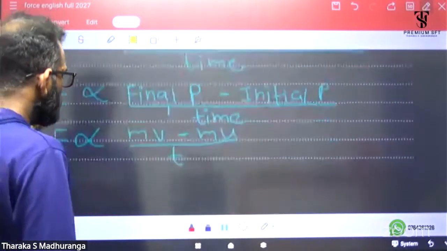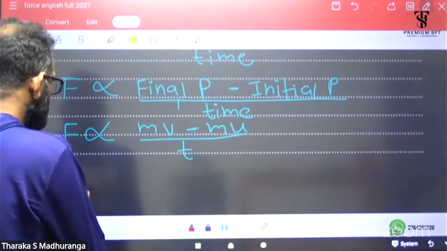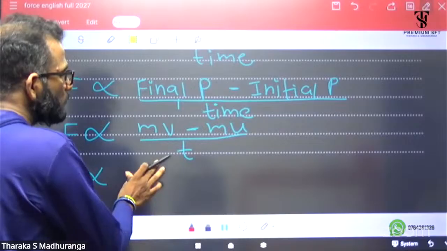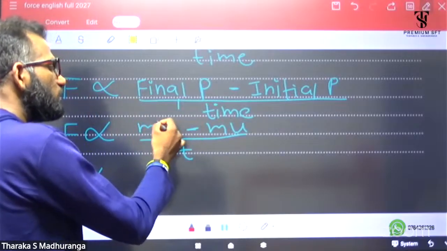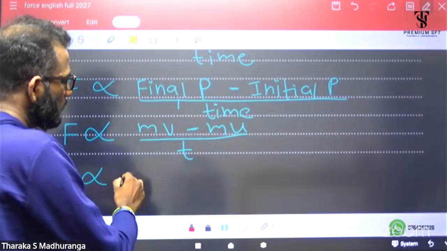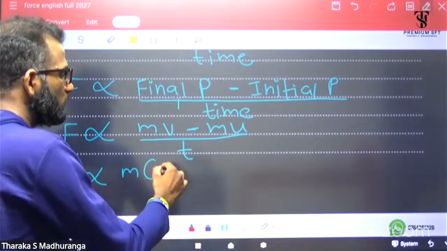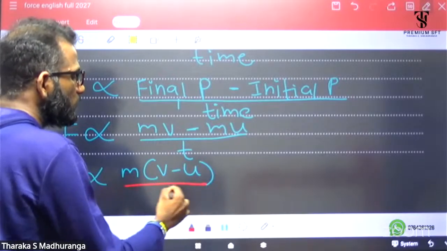Now, in the upper part the m is common for both because it is the same object, so I can take out m, giving m times v minus u divided by time.